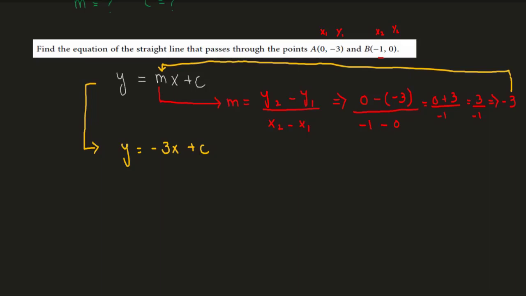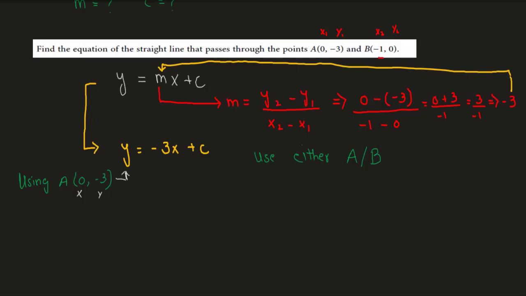To find the value for c, I can use either A or B. It's your choice whether you want to use coordinate A or coordinate B. Let's say I'm going to use A, which is (0, -3). This is the value for x and this is the value for y. I am going to substitute these values right into this equation.